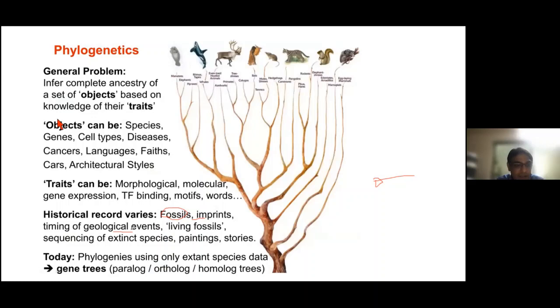That's why currently, because of the advent of next generation sequencing and the evolution of sequencing technologies, we are more interested in using phylogenetic trees based on genes.